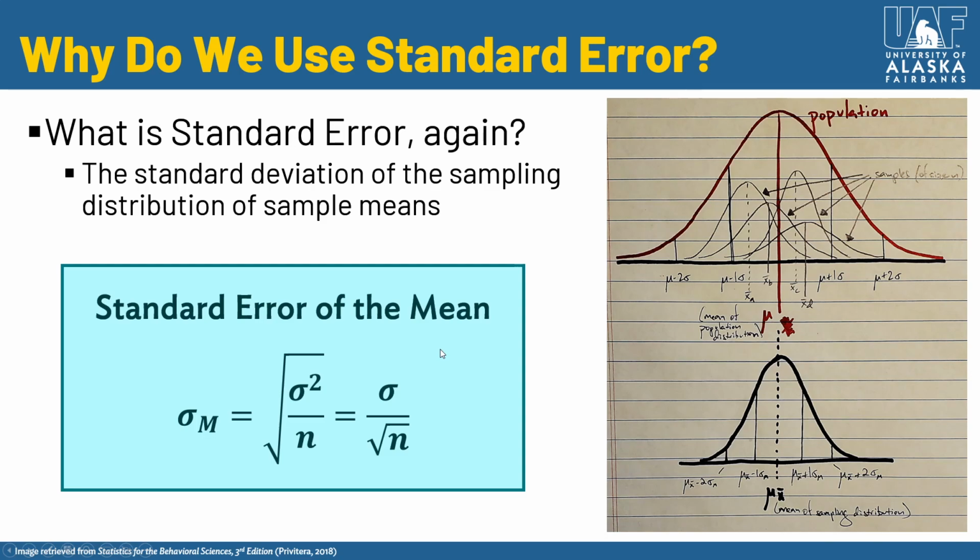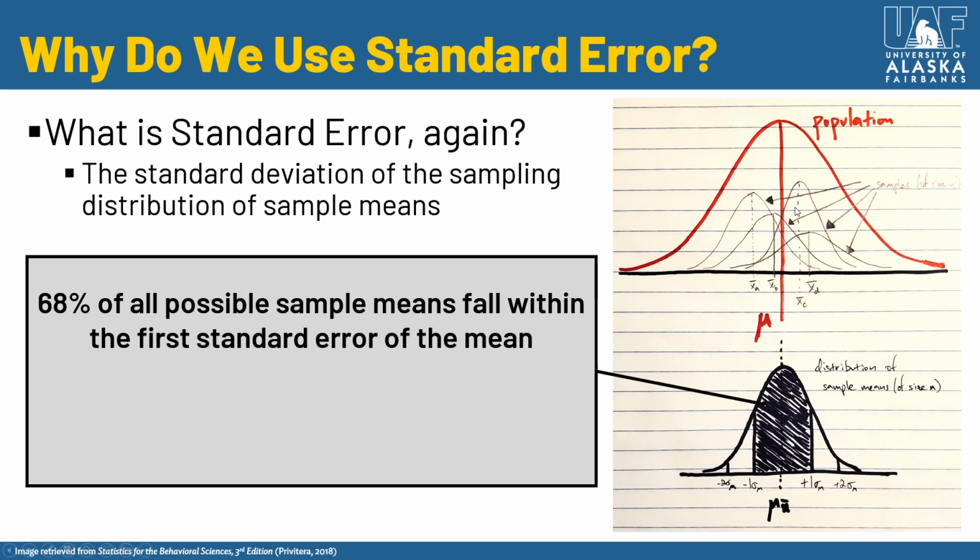This was the formula that you previously were exposed to. Standard error of the mean equals the square root of the variance divided by the sample size. We can reduce that to the standard deviation divided by the square root of the sample size. I'm sorry, I'm stumbling over my words in this video. I'm recording this at night.